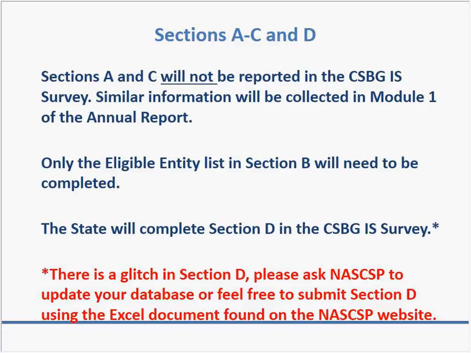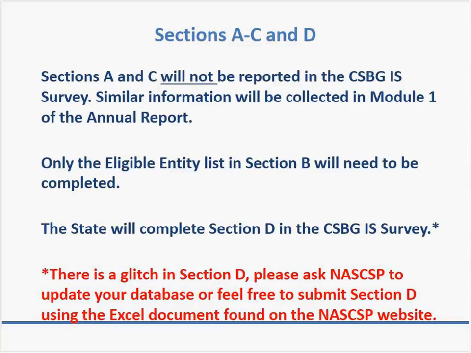Section D will need to be completed in the IS survey. We understand that there is some overlap of Section D questions in Module 1, but we are asking that Section D be completed in full in the IS database. Please note there is a glitch in Section D, so if you enter information and move forward to the next screen, you will lose your Section D information.